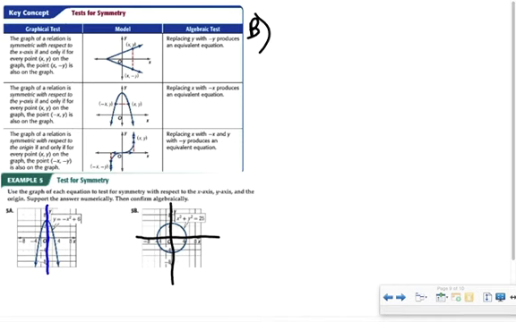And it looks like it is even symmetrical over the origin. So we're going to say it has all symmetry. Right? So that's the first thing that they were asking us, is just to look at the graph for the symmetry. Second thing they're asking us to do is support our answer numerically.